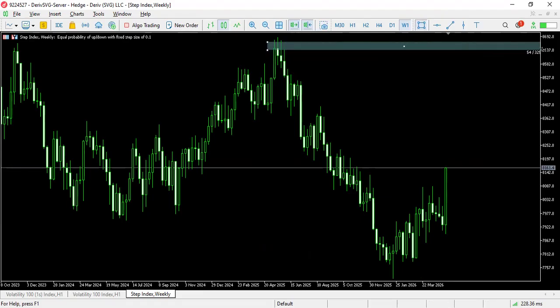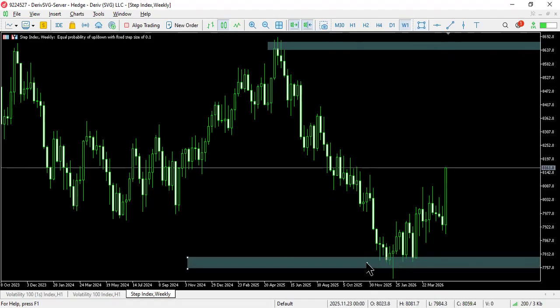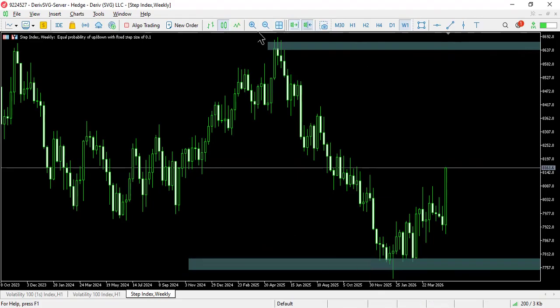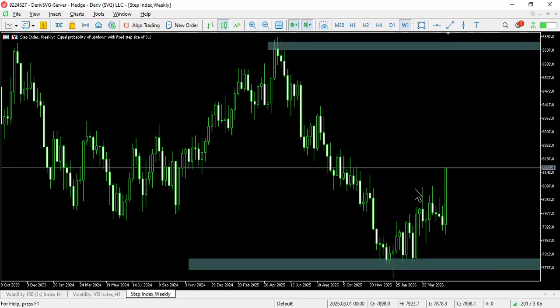So we have a supply zone right there at that level, and then down here, I can see we have formed a new demand zone, and we are pushing from this demand zone, because step index is usually a bearish market.